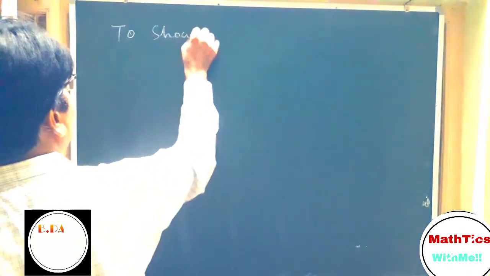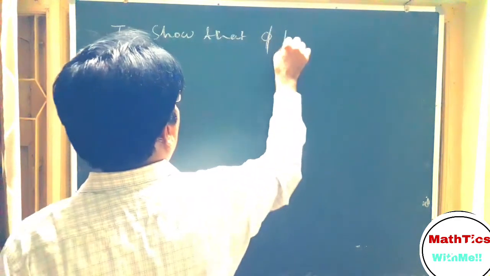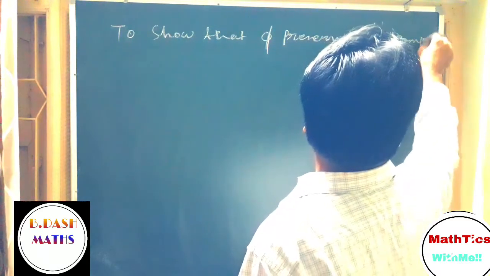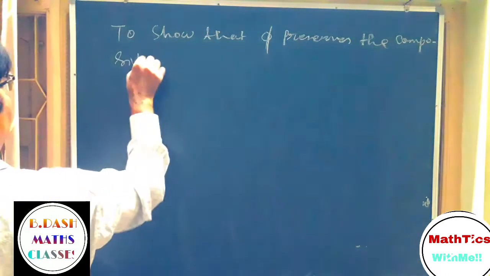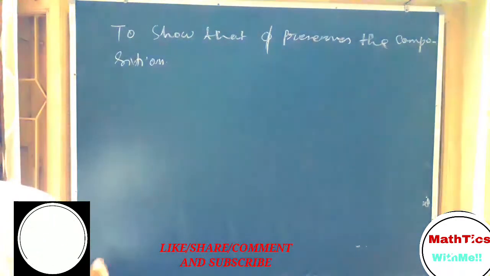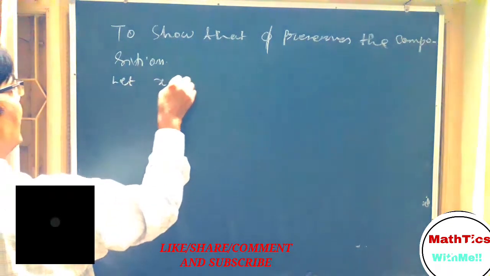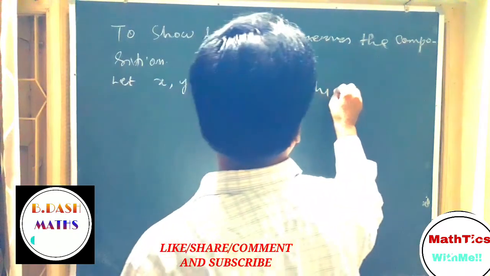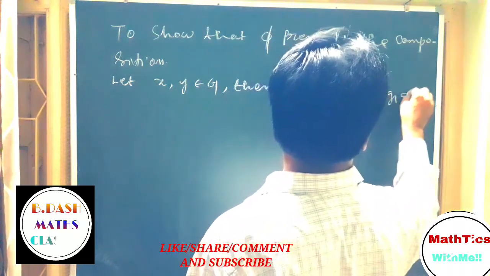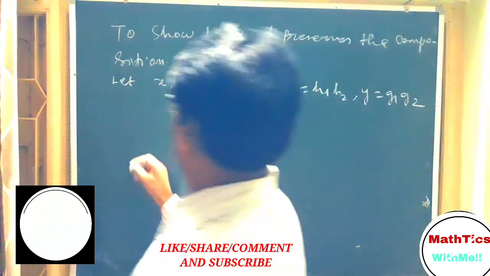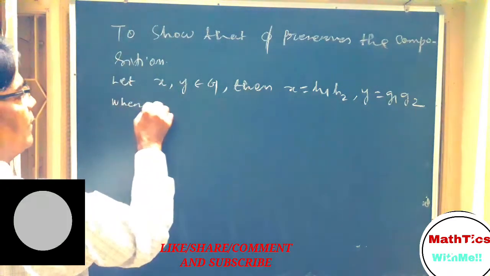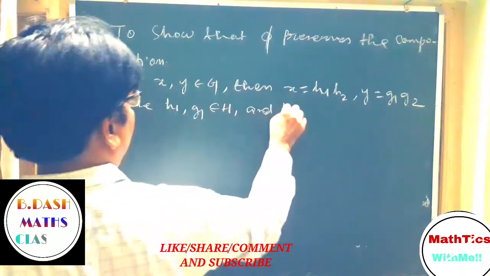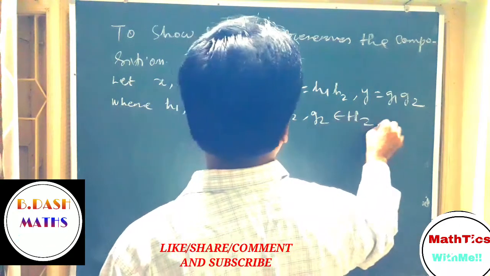To show that phi preserves the composition, let x, y belong to G. Then we can write x is equal to h1 h2, y is equal to g1 g2, where h1, g1 belong to H1, h2, g2 belong to H2.